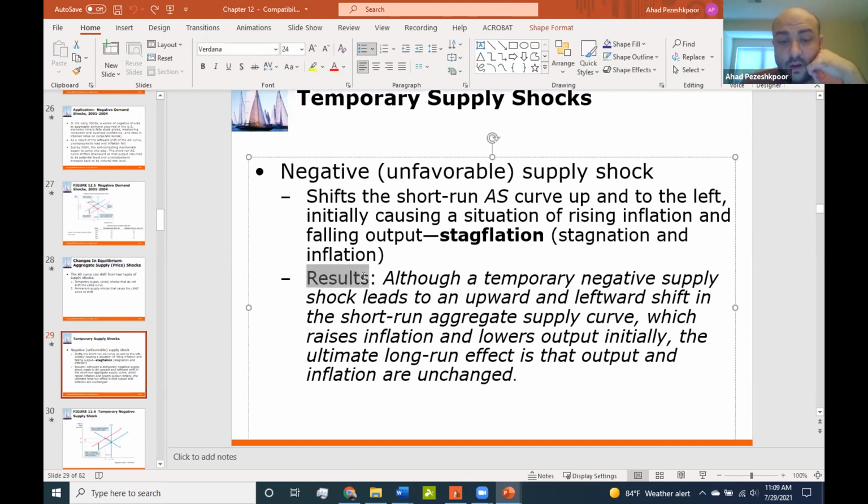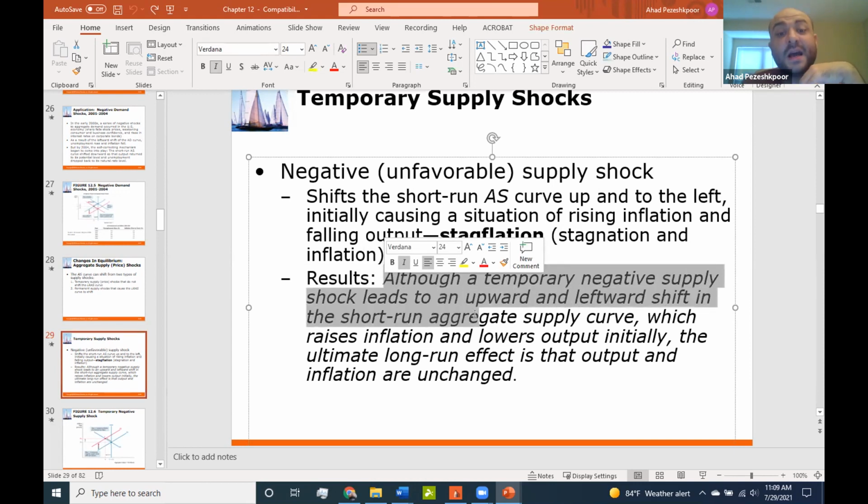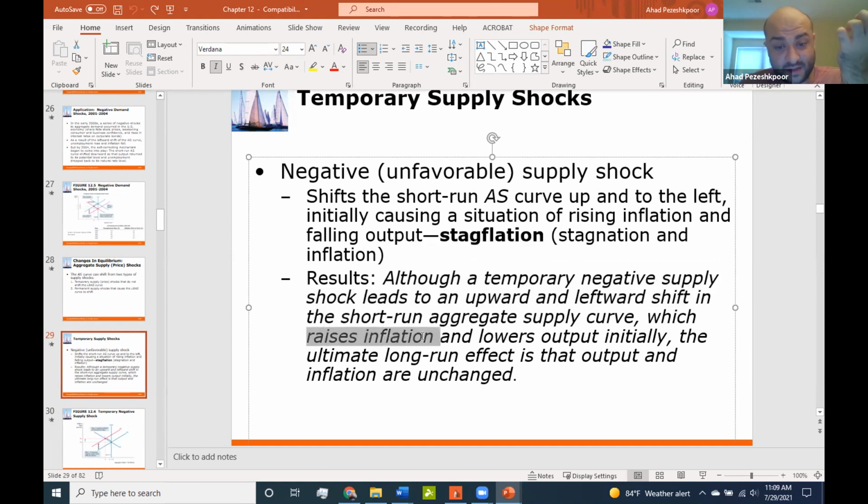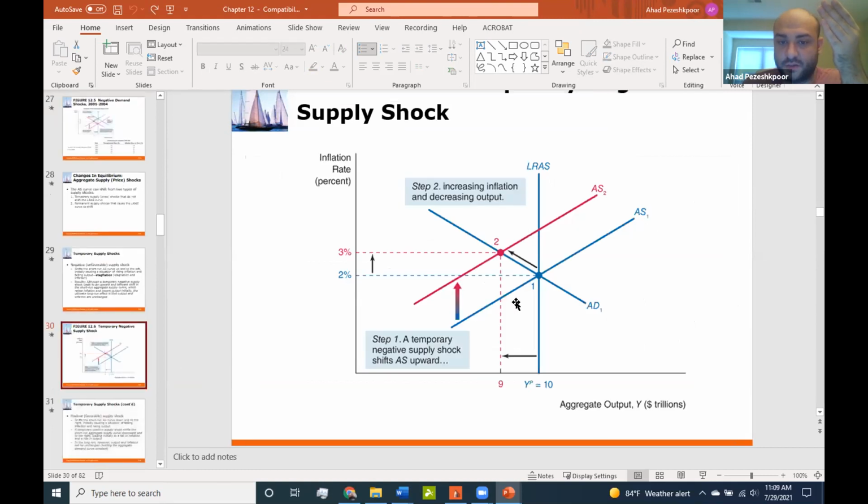Although a temporary negative supply shock leads to an upward and leftward shift in short-run supply, which raises inflation and lowers output at the same time, therefore stagflation, the ultimate long-run effect is that output and inflation are unchanged.